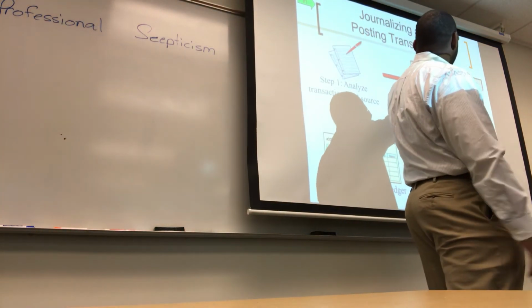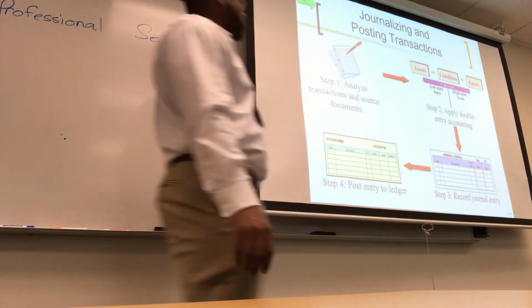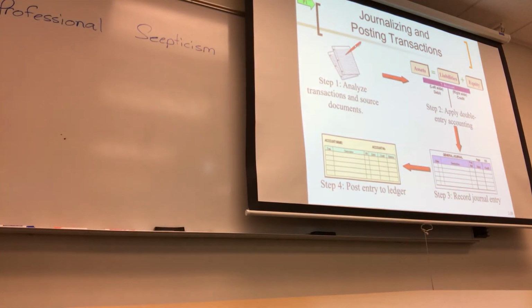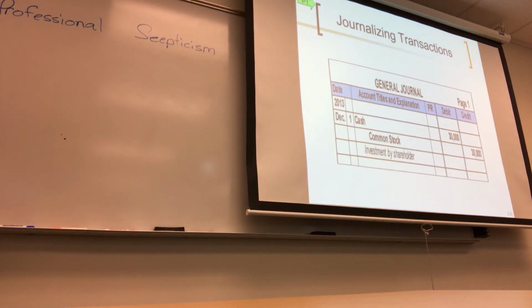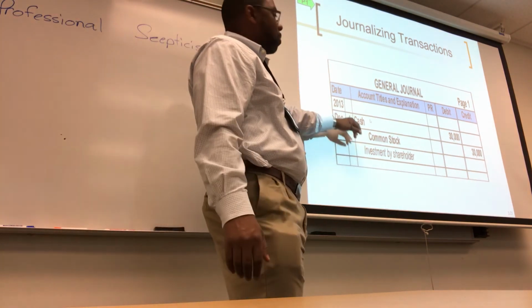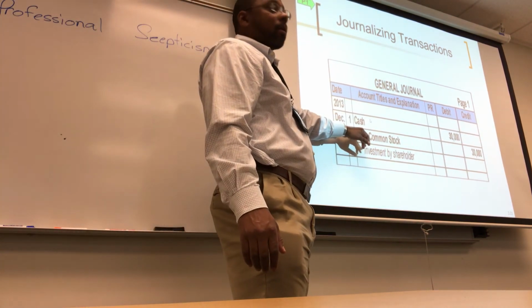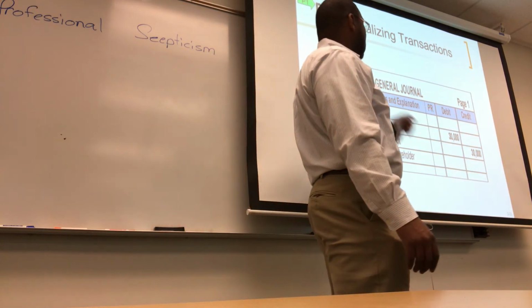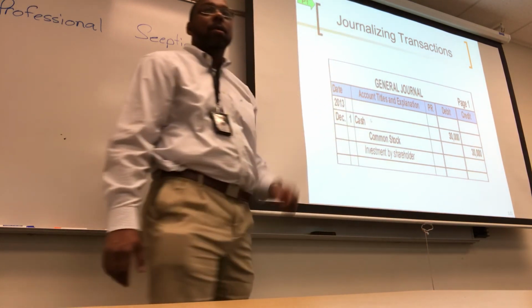So where we are is here, right? And now we're going to do some journal entries. So the journal entry will look like this. Debits go first, credits go second. Credits are indented to the right of the debit.